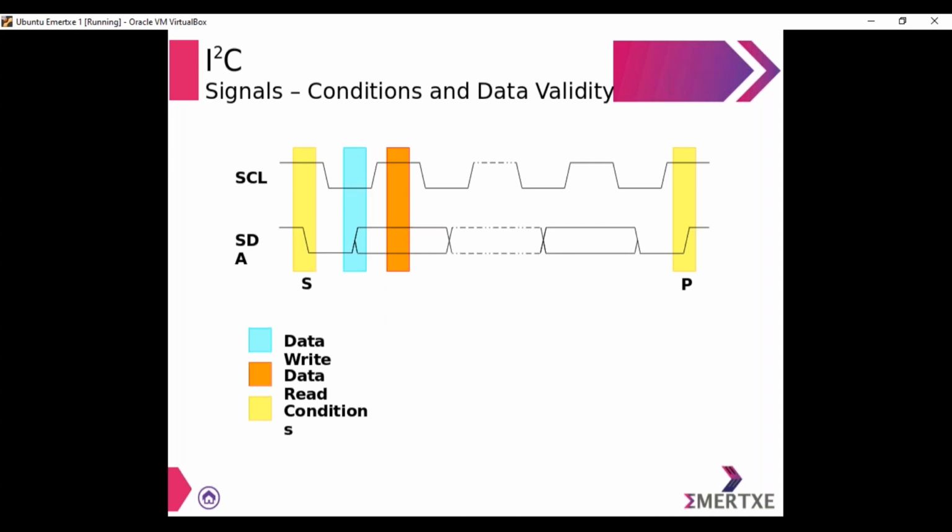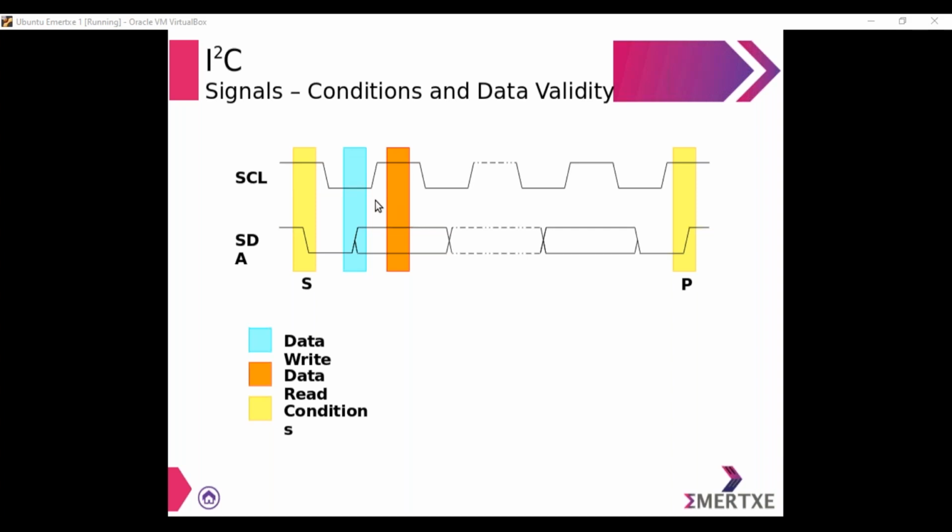Then we saw the conditions and data validity. What triggering is used in the I2C communication protocol? It's a synchronous communication protocol, but what triggering is used on the clock pulse? Yes, it's a level triggered communication protocol. So either the transmission or the reception happens at the levels of the clock pulse.